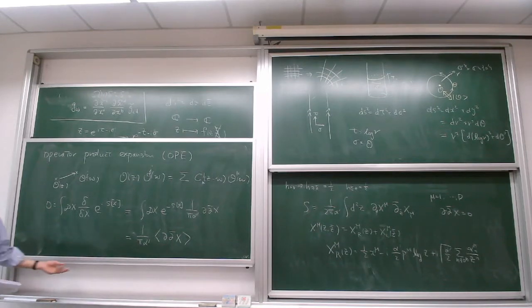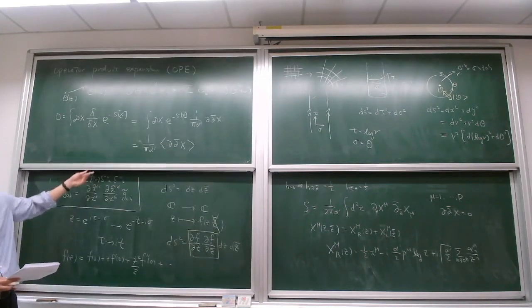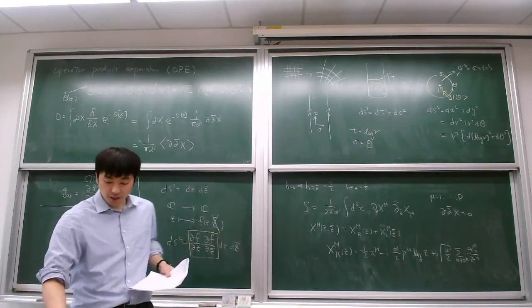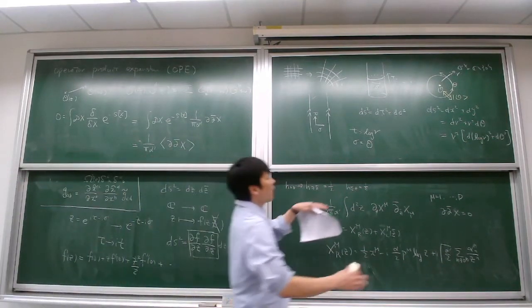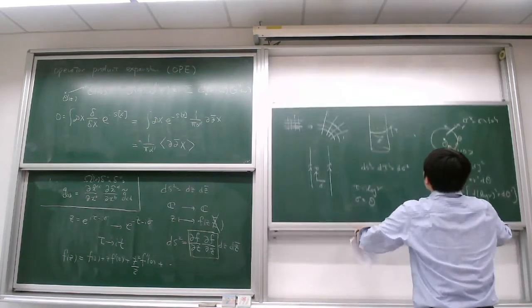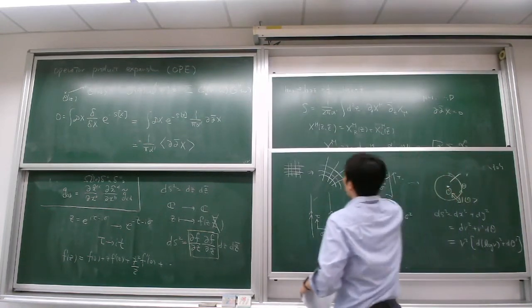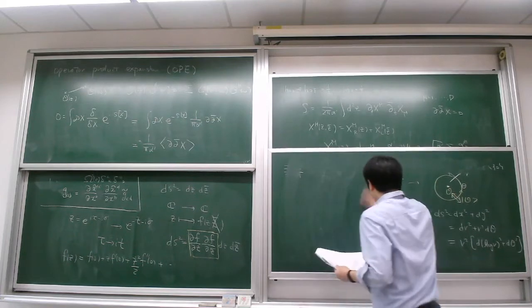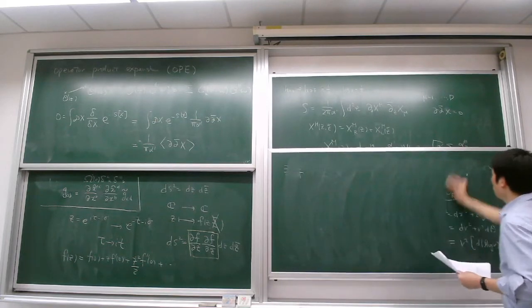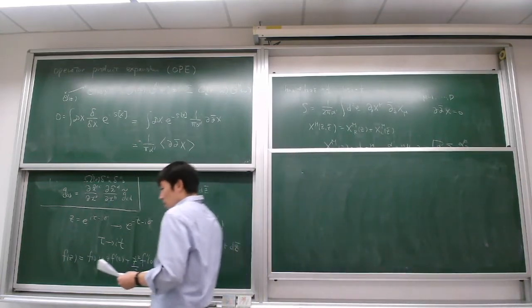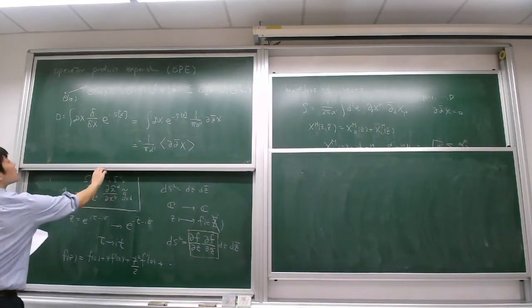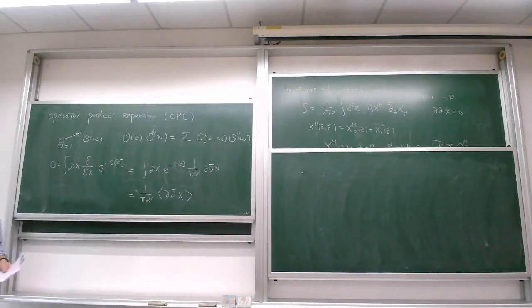So this is the path integral version of the equation of motion. Okay, and then we insert some operator in the path integral and do the same thing, and you will see something a bit more interesting.